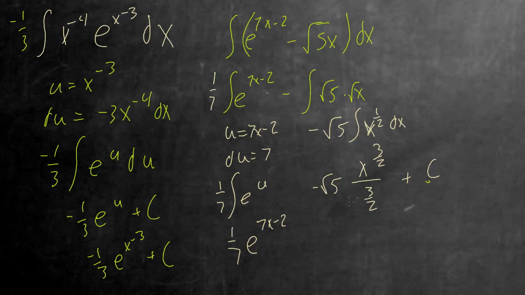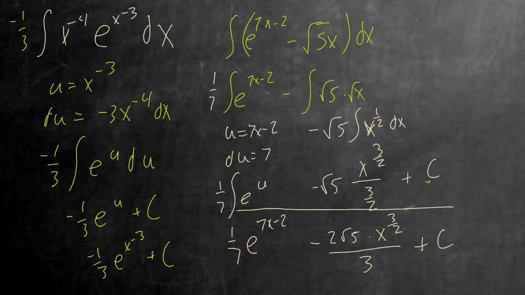We could clean all that up by multiplying by the reciprocal. Negative 2 root 5 times x to the 3/2 over that 3 right there plus c. That's a pretty solid review problem. This side just your power rule, this side a really small u, but combined it can look a little daunting.